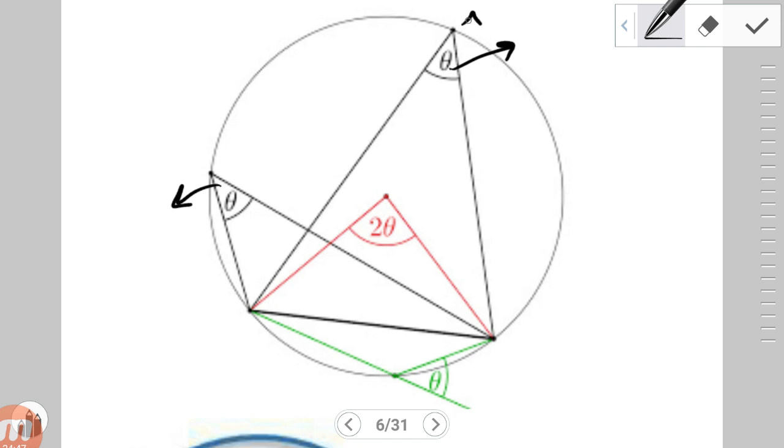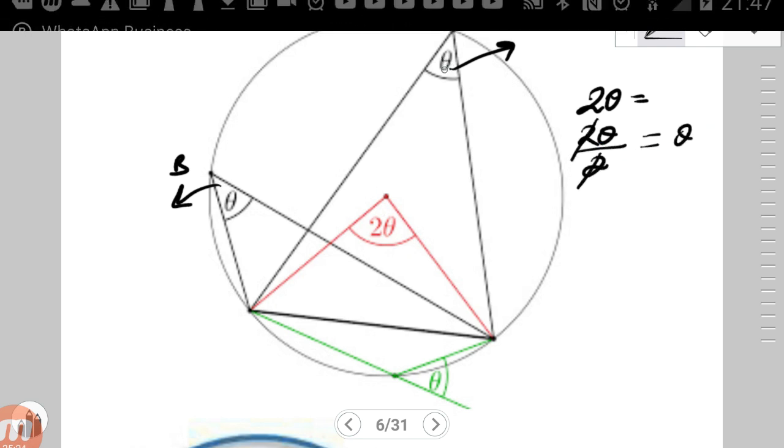Let's call this point A. This very same bright chord projects this line and this one at the circumference, so we could call this meeting point B, and that's why those two angles are equal. If 2 theta is the angle at the center, then the angle at the circumference is 2 theta divided by 2, which cancels and leaves us with theta. So theta is the angle here.